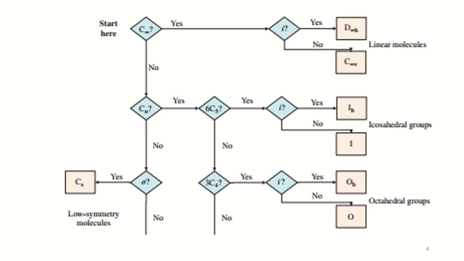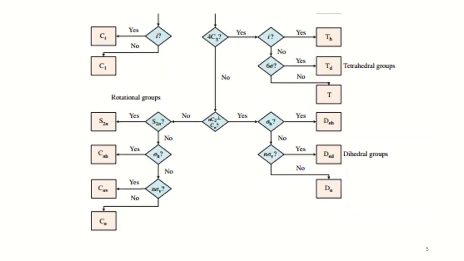If a molecule has only a single proper rotation axis Cn, and it also has a horizontal mirror plane, it will belong to the class of Cnh point groups.